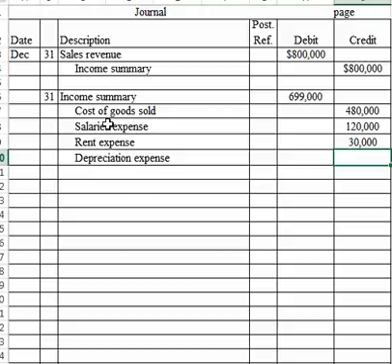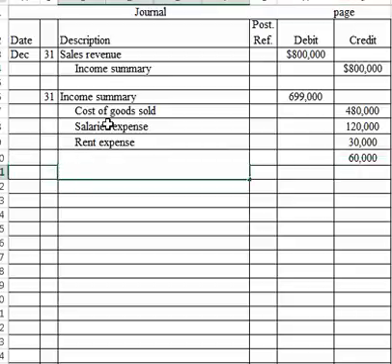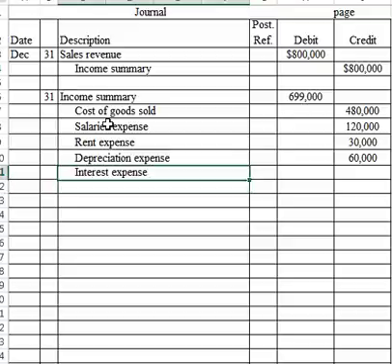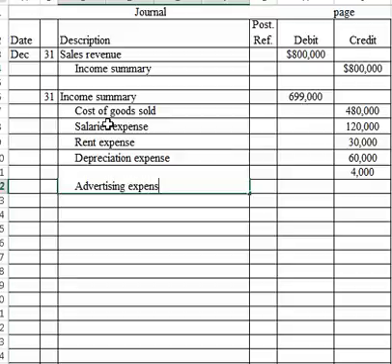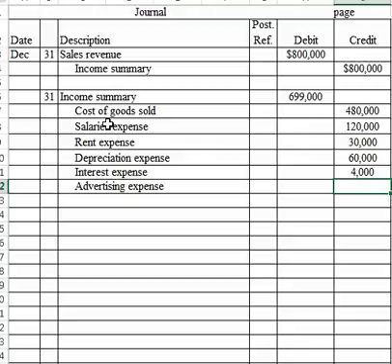Our depreciation expense is $60,000. Interest expense is $4,000. And advertising expense is $5,000.